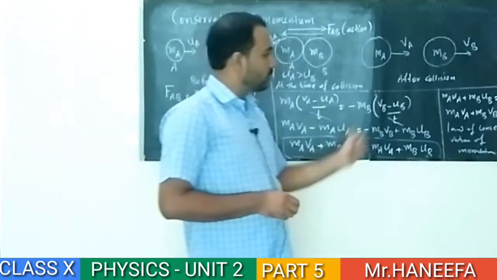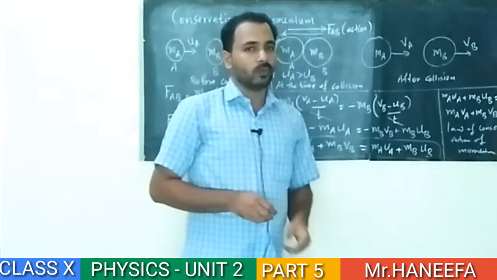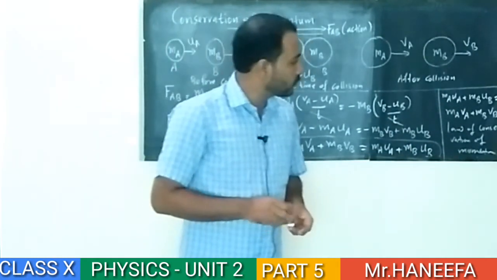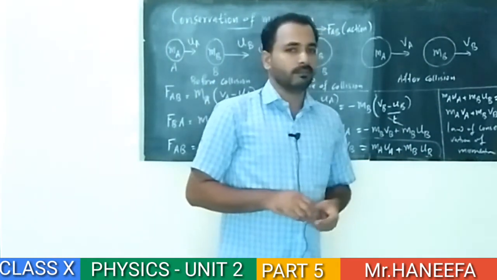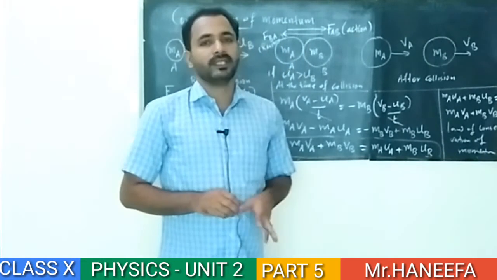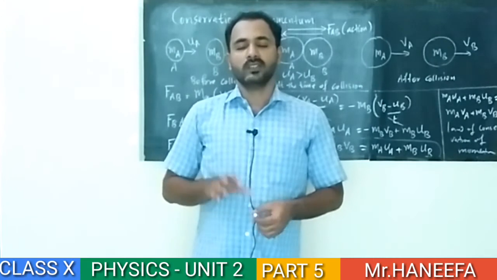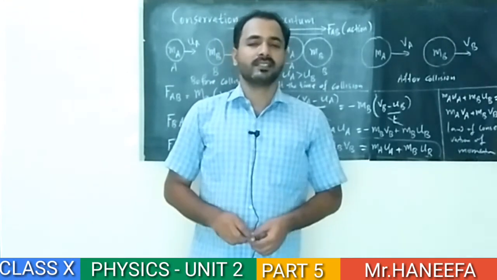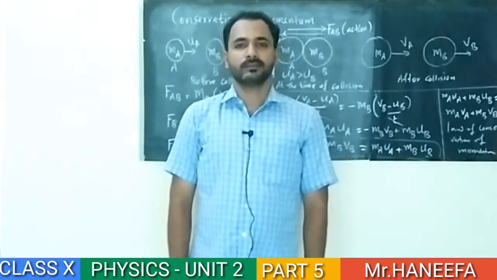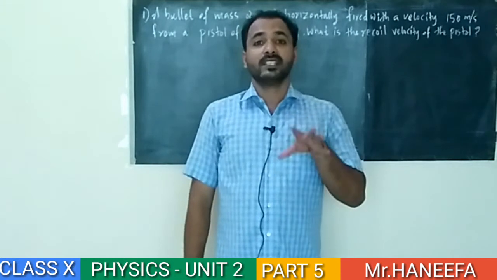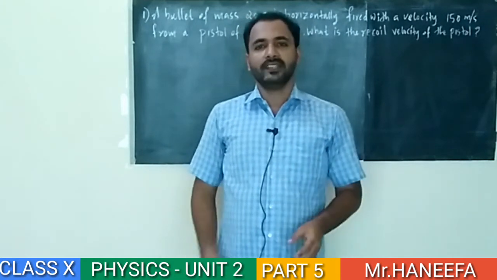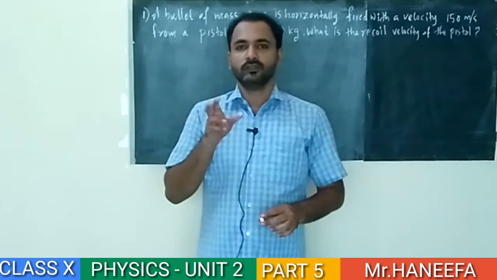Substituting the values, we get ma ua plus mb ub equal to ma va plus mb vb. That means total momentum before collision equals total momentum after collision. This is called the law of conservation of momentum. Next, we can explain problems related to conservation of momentum.